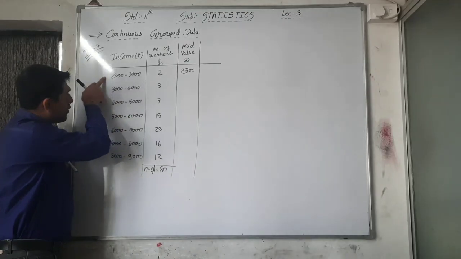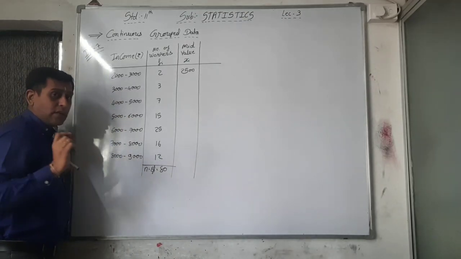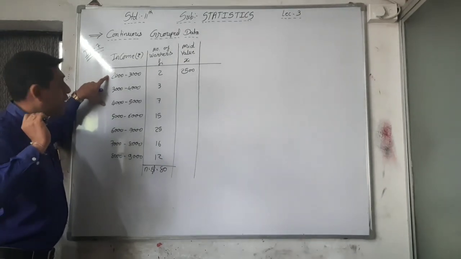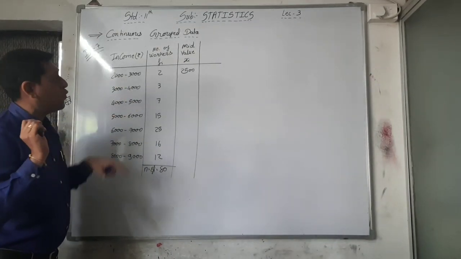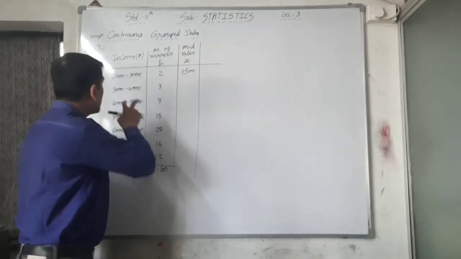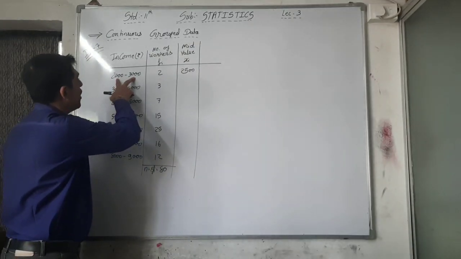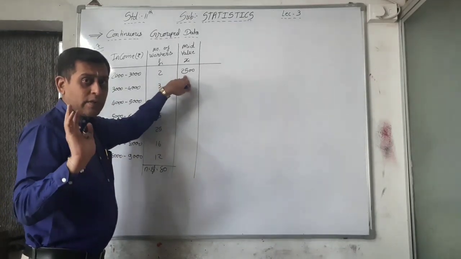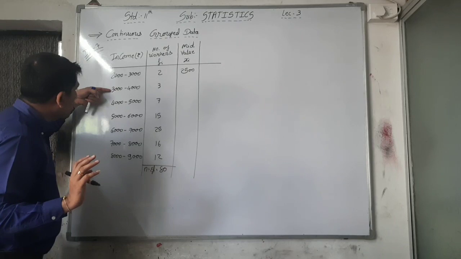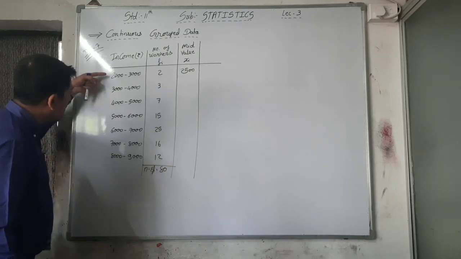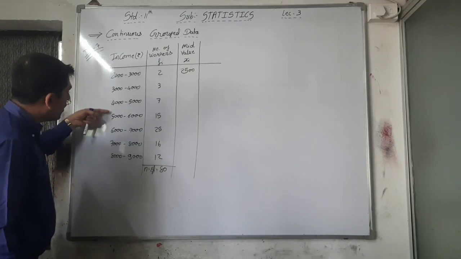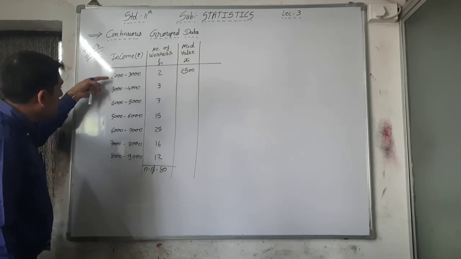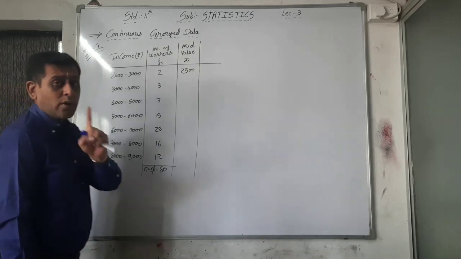See, whenever equal class intervals are given, see here carefully, because I am giving you a shortcut. First find the first mid value by our formula, 2000 plus 3000 divided by 2, that is 2500. Now see here 1000, 1000, 1000, 1000. See, 2000, 3000, 4000, 5000, 6000, 7000 and 8000. The difference between two classes is 1000.